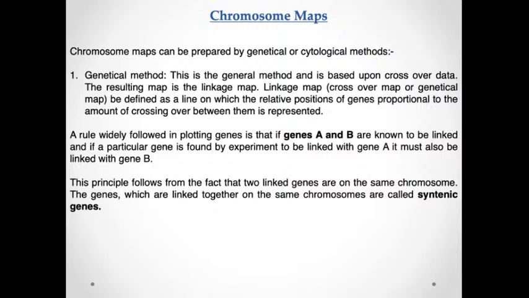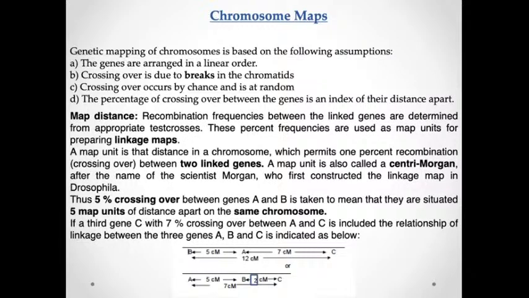A rule widely followed in plotting genes is that if genes A and B are known to be linked, and a particular gene is found experimentally to be linked with gene A, it must also be linked with gene B. Like this, you can create genetic maps of chromosomes on the following assumptions: the genes are arranged in linear order, crossing over is due to breaks in the chromatids, and crossing over occurs by chance at random, and the percentage of crossing over between genes is an index of the distance apart. So map distance looks like this.